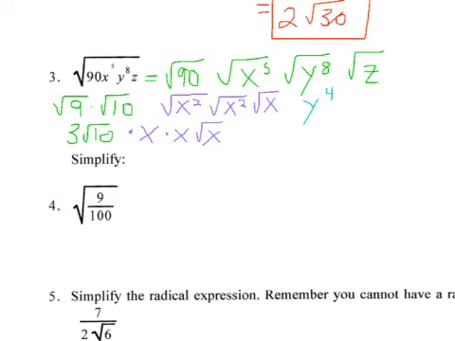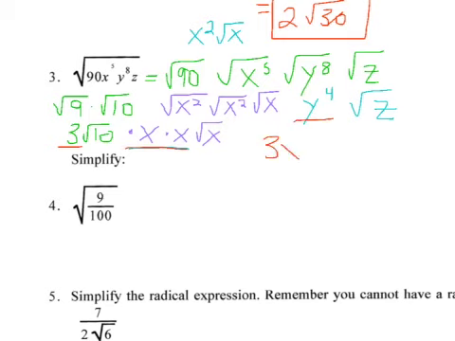If we did the same thing with the square root of x to the 5th, we know that 2 goes into 5 twice, and there's a remainder, so an x stays inside the square root. That's how we got x squared times the square root of x. And we can't take the square root of z, so we just leave it inside. So now, let's write our final answer. We have a 3 on the outside, we have an x squared on the outside, and a y to the 4th.